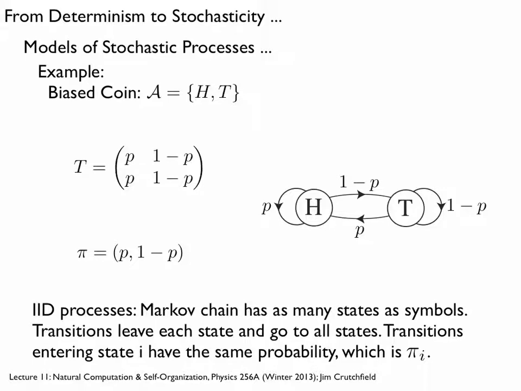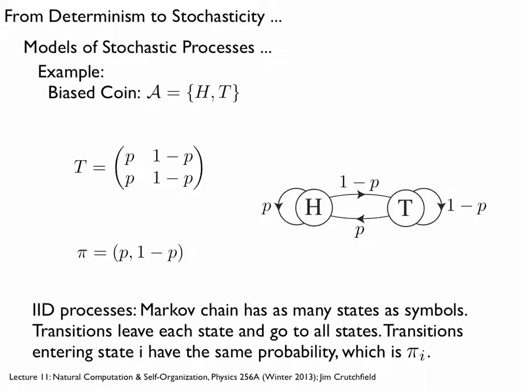Biased coin is nice because it also gives us a picture of what all of these IID processes look like, especially when we think in terms of these graphical models here. The Markov chain has as many states as there are symbols, and then the transitions leave each state and go to all states, right? So it's sort of like the generalization of the uniform process to more symbols.